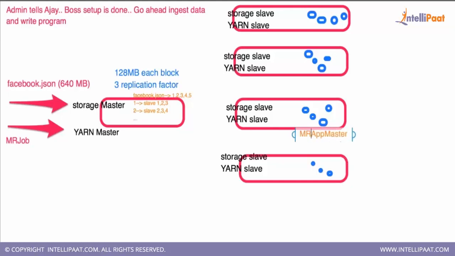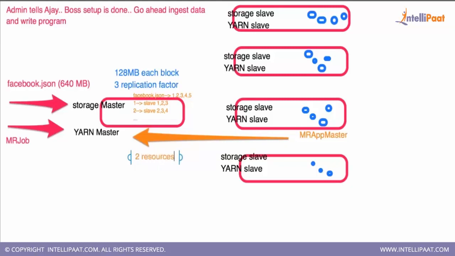App Master is a process that will do the job. So who's responsible for the job? It's MR App Master, not Yarn Master. So Yarn Master says, oh, Mr. MR App Master, there is a new job for you. Why don't you do it? Now the app master will go to the yarn master and say, boss, if you want me to do this job for you, please give me the following things.